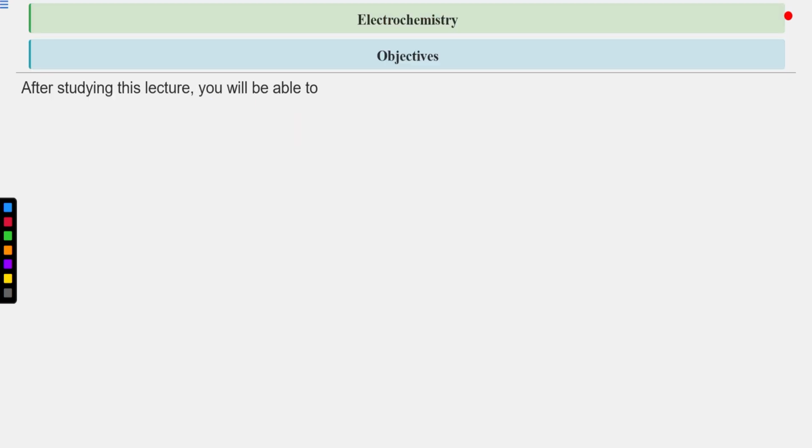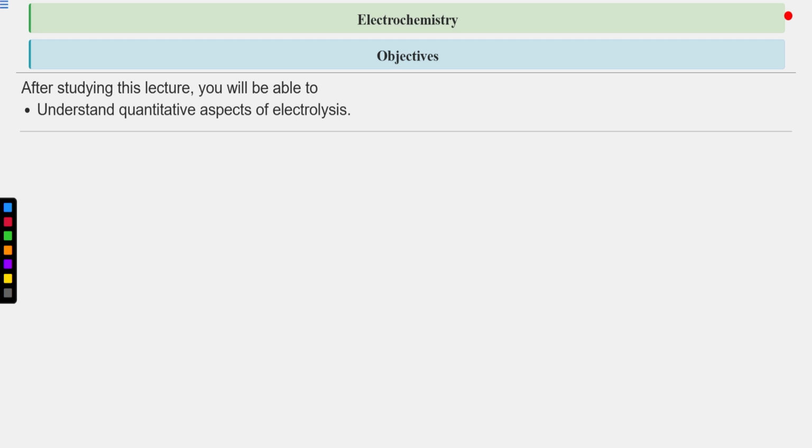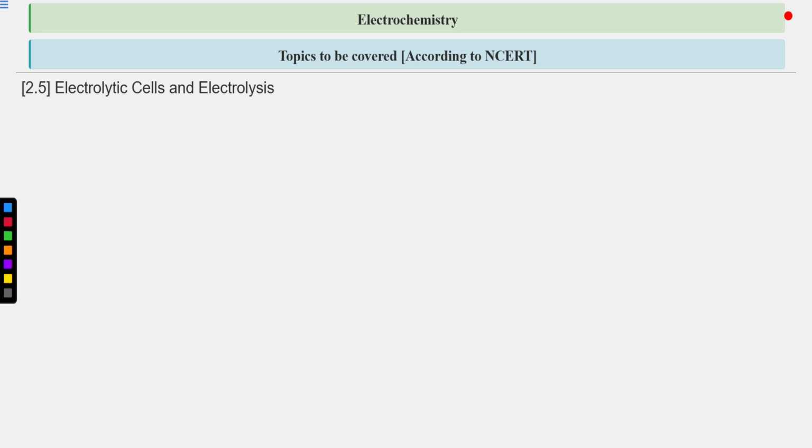Today's objective of this class is that after studying this lecture, you will be able to understand the quantitative aspects of electrolysis. The topics to be covered as per the NCERT: first of all, we will cover Section 2.5, which is electrolytic cells and electrolysis, under which we will cover first electrolysis, then quantitative aspects of electrolysis.